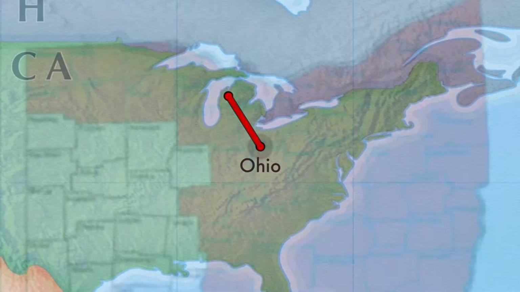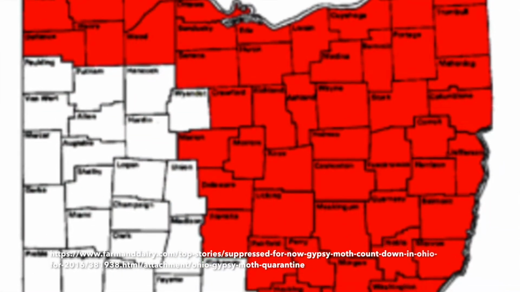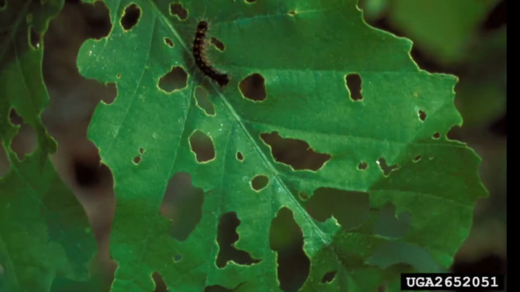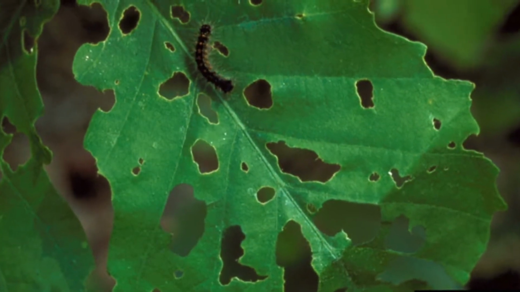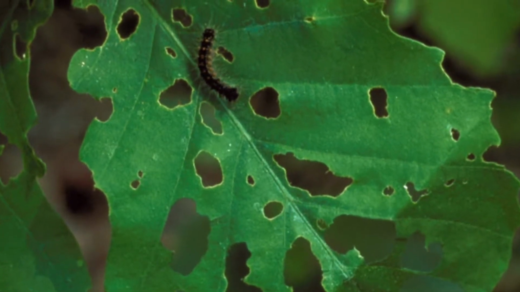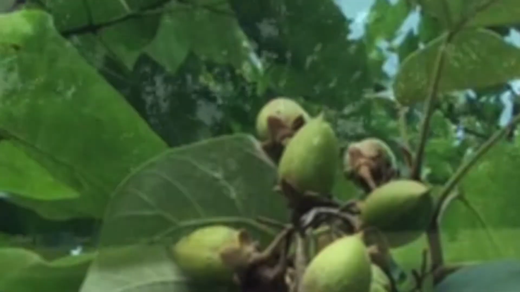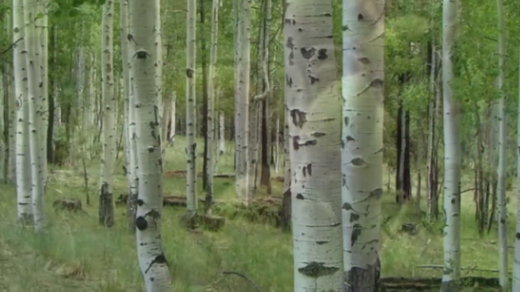Today, gypsy moth can be found mostly in the northern and eastern counties of Ohio and is largely absent in southern Ohio. Gypsy moths can defoliate trees, and larvae heavily feed on leaves of 300 forest trees, including oaks, maples, hickories, birch, and aspen.